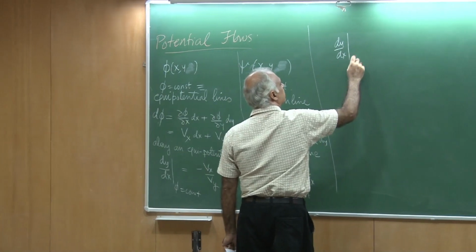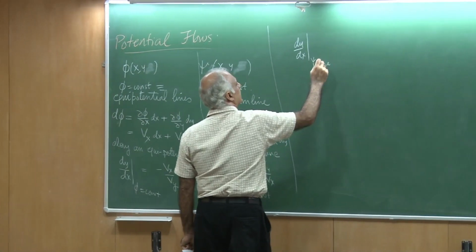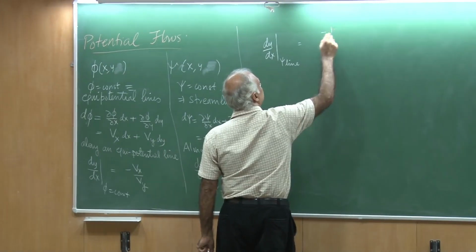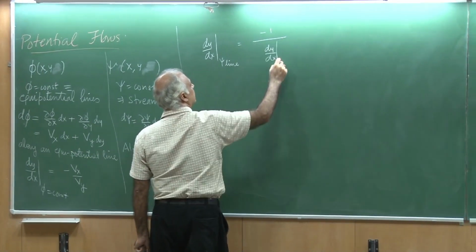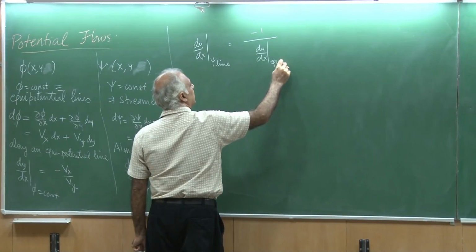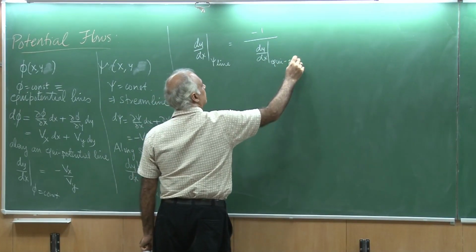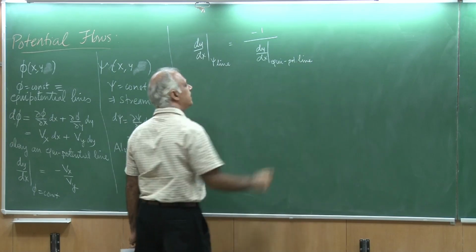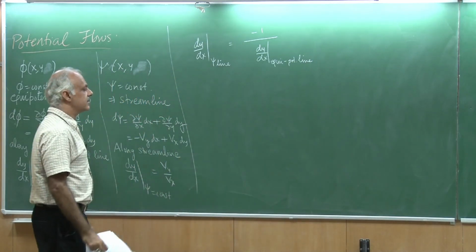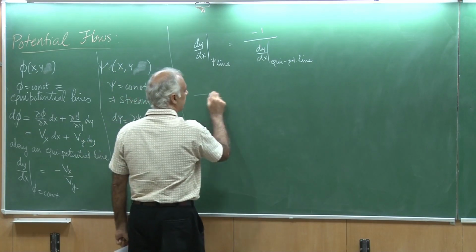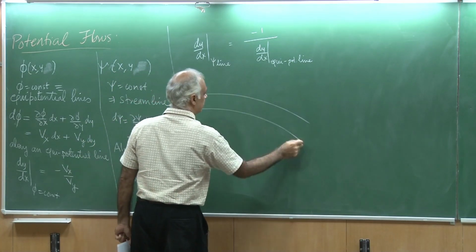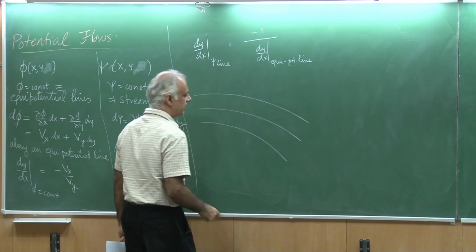Okay? So, you can now relate the two slopes, and what this tells us is that dy by dx of a streamline is actually minus 1 over dy by dx of equipotential line. That means they are orthogonal to each other. So, if I could draw these lines, suppose these are my streamlines.